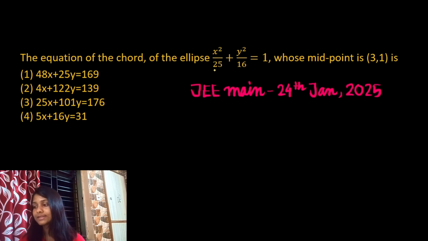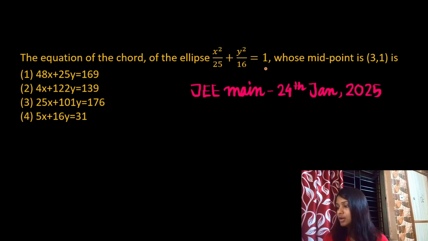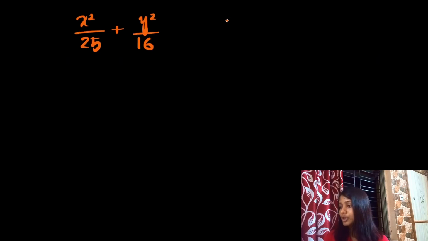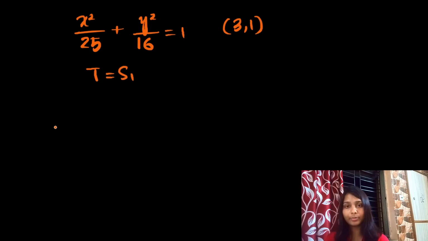So we have this x square by 25, y square by 16. Let me write it down. x square by 25, y square by 16, and the midpoint was 3, 1. So the equation should be in this form, T equals S1.